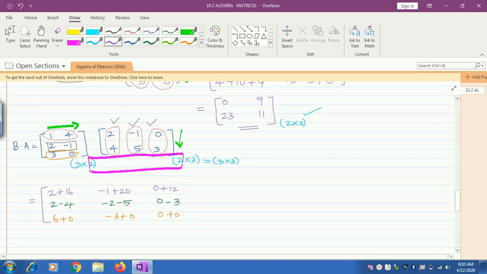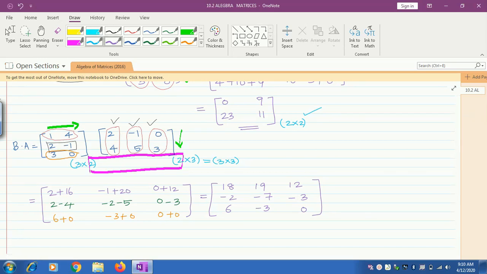So this is your matrix. The answer: 18, 19, here 12, minus 2, minus 7, and here minus 3, 6, minus 3 and 0. So this is what you will get. The order is 3 cross 3. Okay.